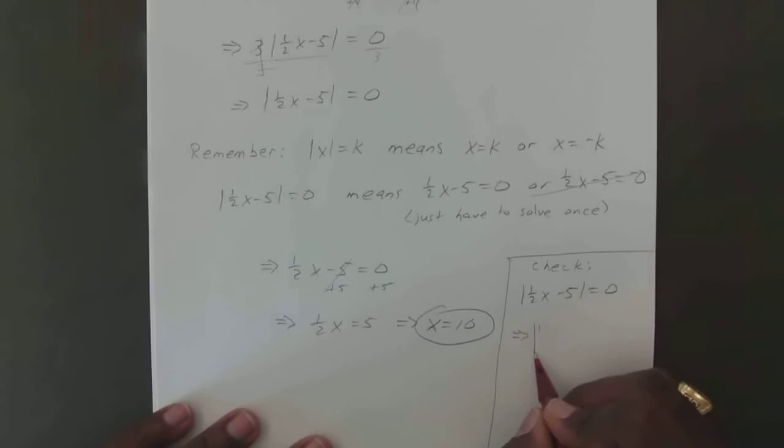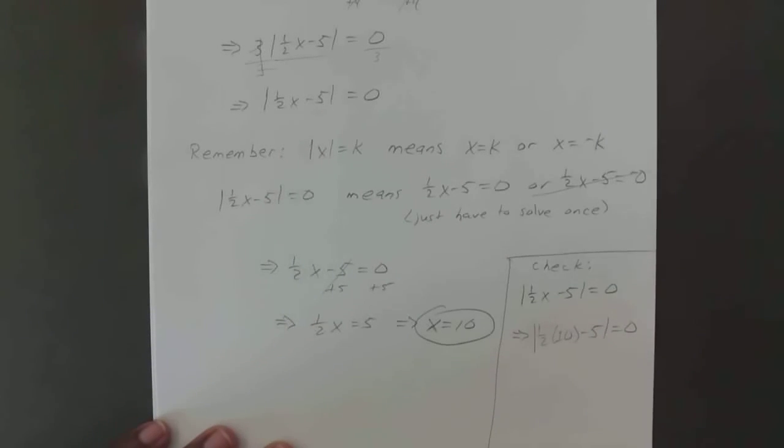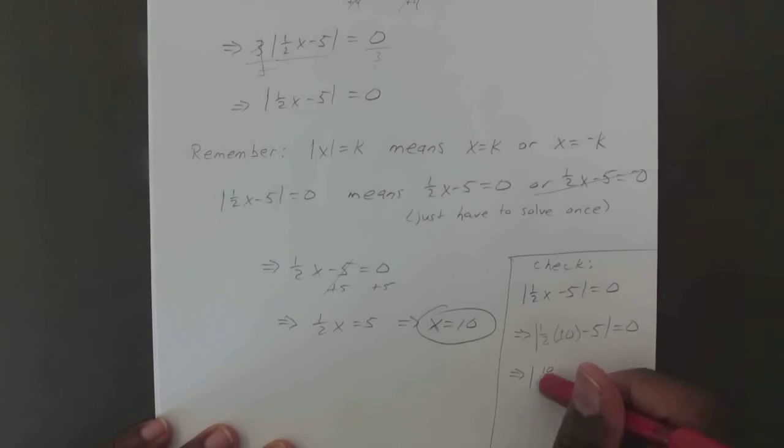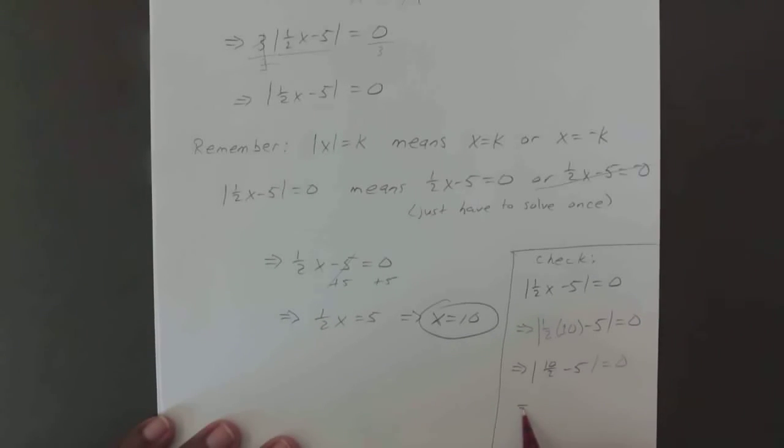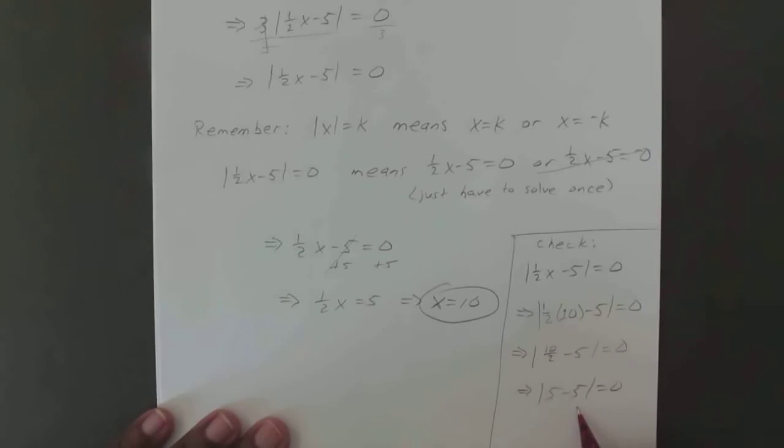That gives you 1/2 times 10 minus 5 equals 0. 10 divided by 2 is 5, sorry about that. 5 minus 5 is 0. So we know that this is true.